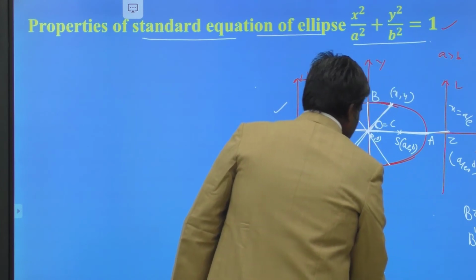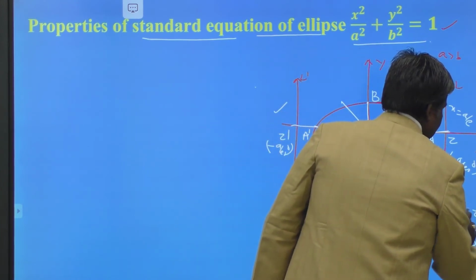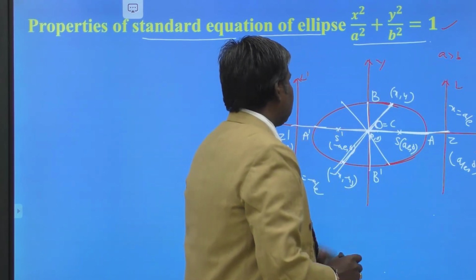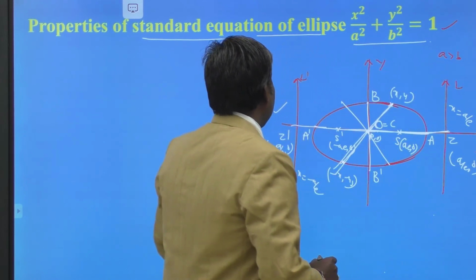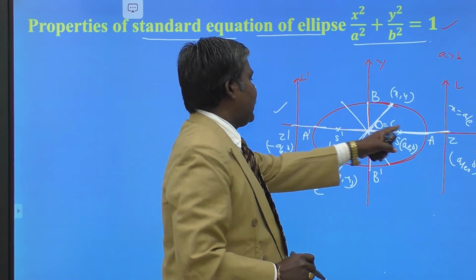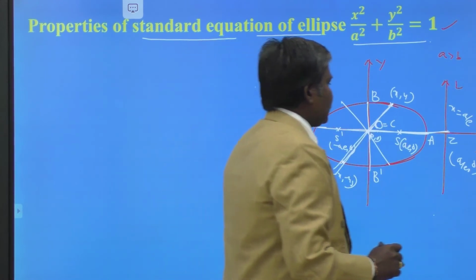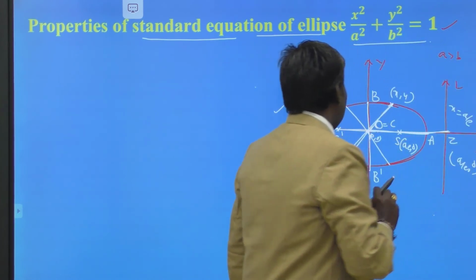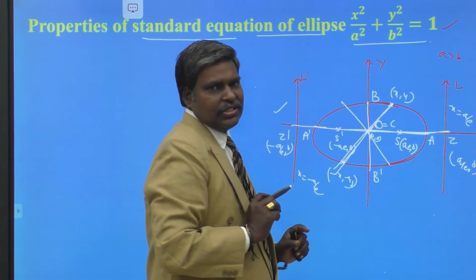It is along the x-axis. Its length is 2a, and the minor axis is BB dash. Its length is 2b, and A and A dash are the vertices. Its coordinates are (a, 0) and (-a, 0). Okay, and the center is (0, 0).